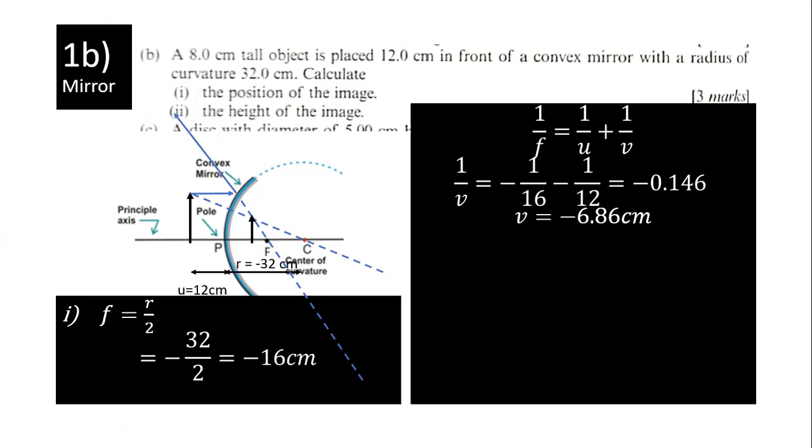Height of the image. So what's the height of the image? V over U also, sir. So what's the answer? Calculate out, and give me the answer. 0.43.